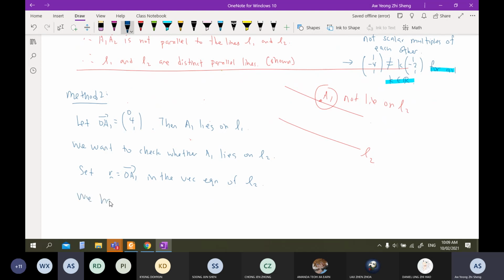We have (0, 4, 1) equals (1 minus 2 mu, 4 mu, 2 minus 2 mu).